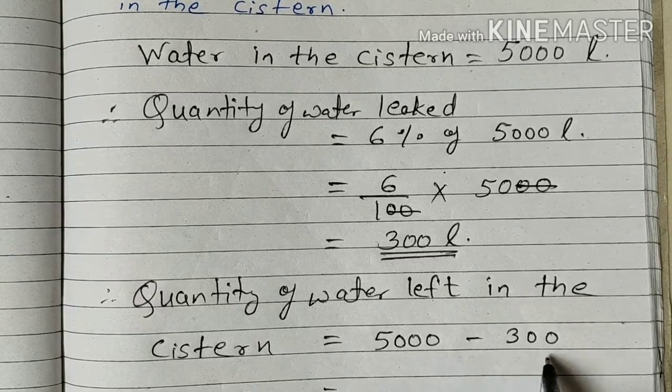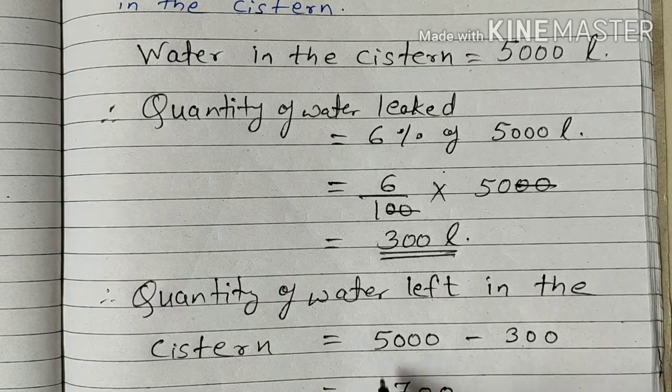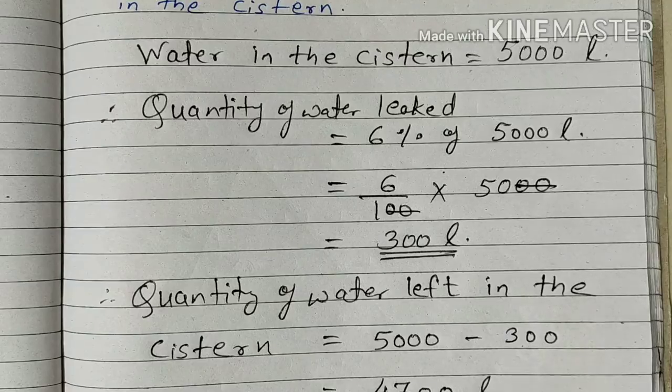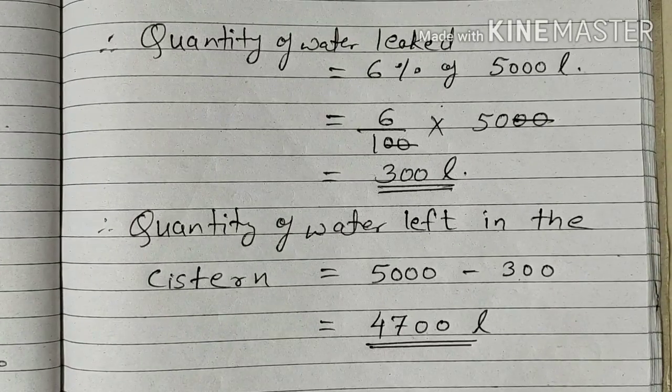So what will it be? 0, 0. 10 minus 3 is 7. 5 will become 4. 4700 liters. Okay, so 4700 liters of water is left.